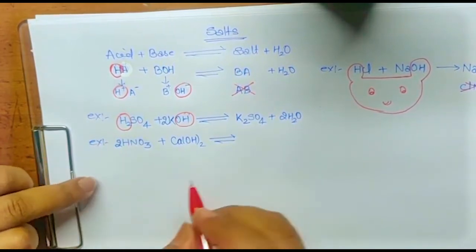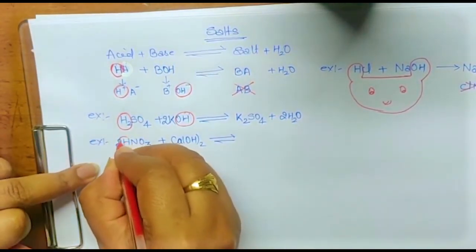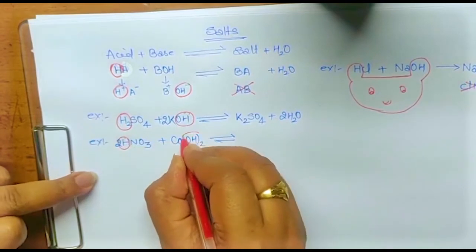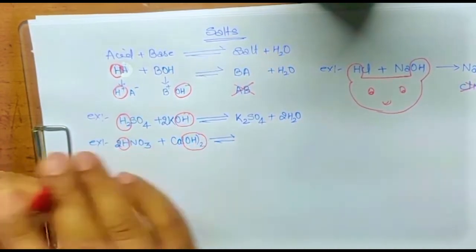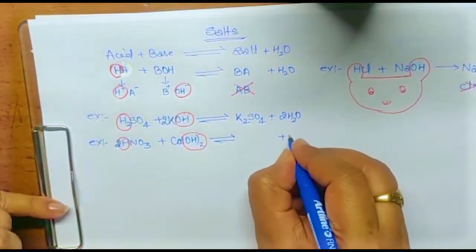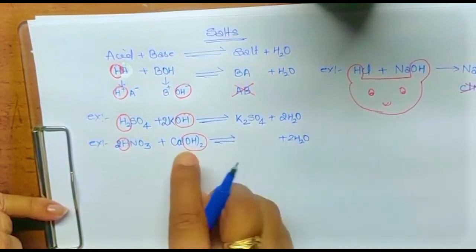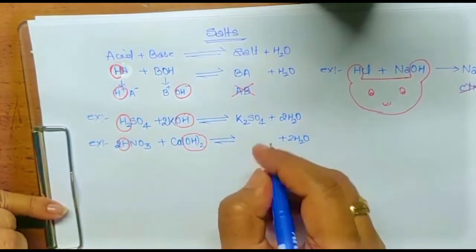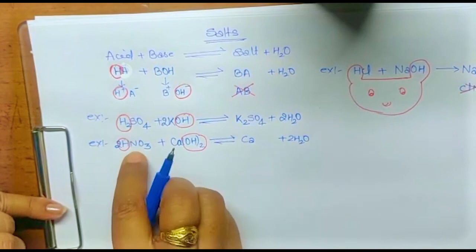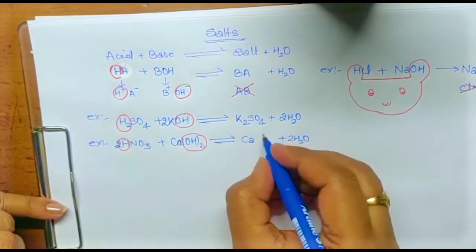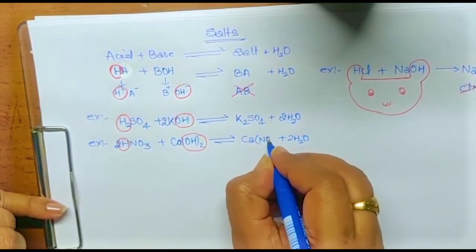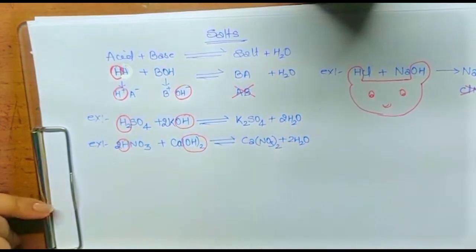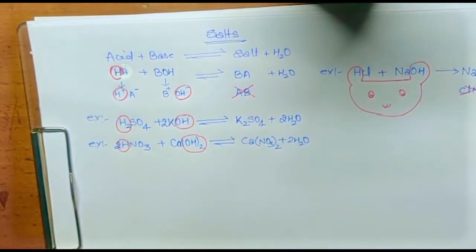Now this 2H and this 2OH minus will come out to form 2 water. And what is left? How many calcium? 1 calcium. And how many nitrate? NO3 left? 2. So we'll write this in this way, NO3 whole twice. Clear? Any problem in this?